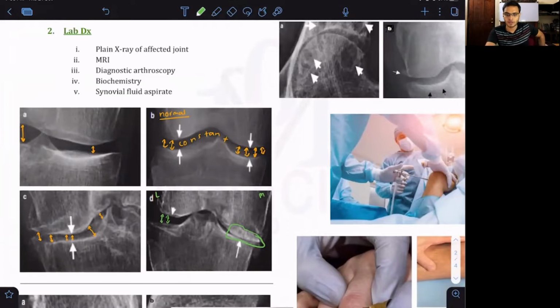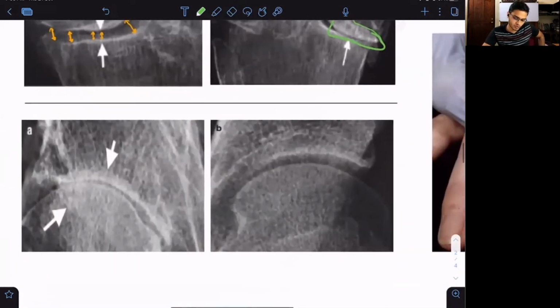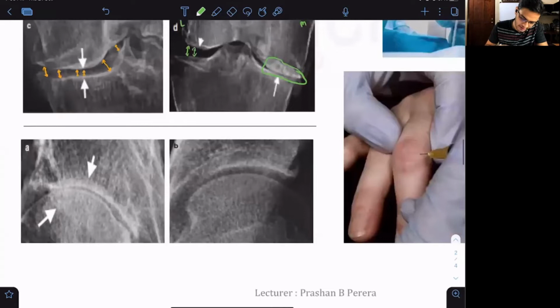Okay, right. Let's go to this second one. In this second image, what I want you all to look for. First tell me, which one do you think is the normal one? This B diagram is normal. Look at the A diagram. The first thing I want you all to notice, loss of joint space, right?